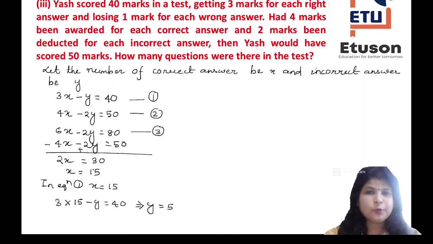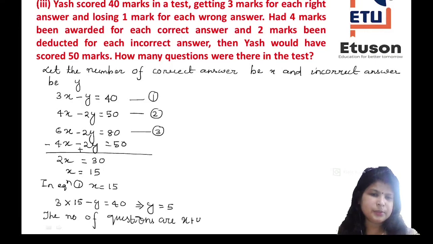What we assumed in the beginning is that x is the number of correct answers and y is the number of incorrect answers. Then how many questions were there in the test? The number of questions is x plus y, correct or not? x plus y, that is 15 plus 5, which is equal to 20. So the number of questions is 20.